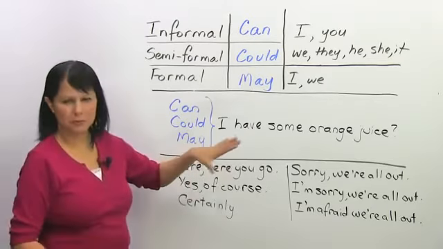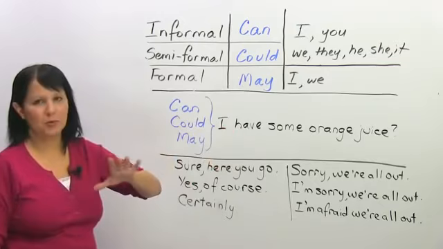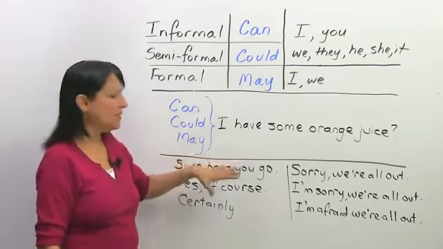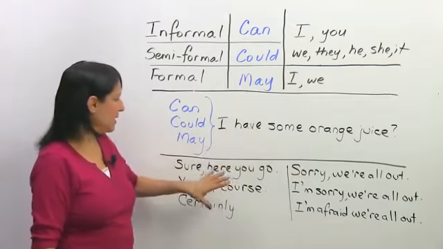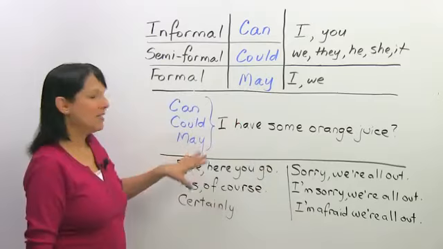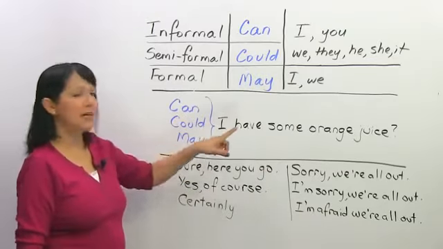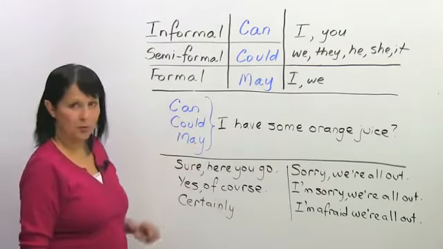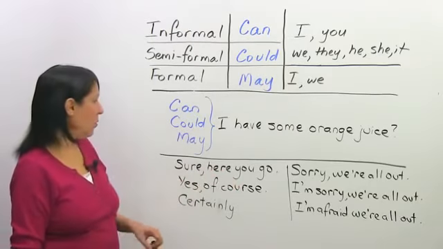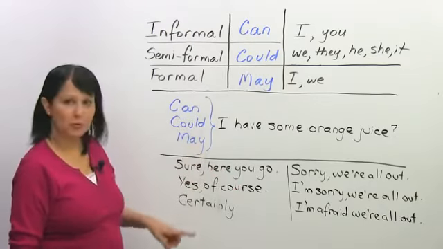Now, what are some of the responses? We're not really focusing on the responses in this lesson, but let me just tell you what would be the appropriate responses, positive responses and negative responses to these questions. If someone said, can I have some orange juice? Informal. The answer might be, sure, here you go. Or, could I have some orange juice?